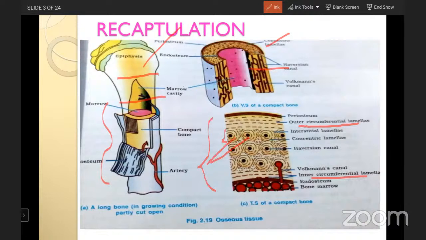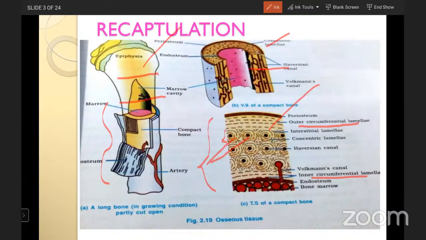In the Haversian system, we are able to see the concentric lamellae which are having the osteocytes in lacunae portion, and the minute cilia-like structures are known as canaliculi, and all these combinedly, the Haversian canal and concentric lamellae, lacunae and canaliculi, are totally called the Haversian system or osteon.